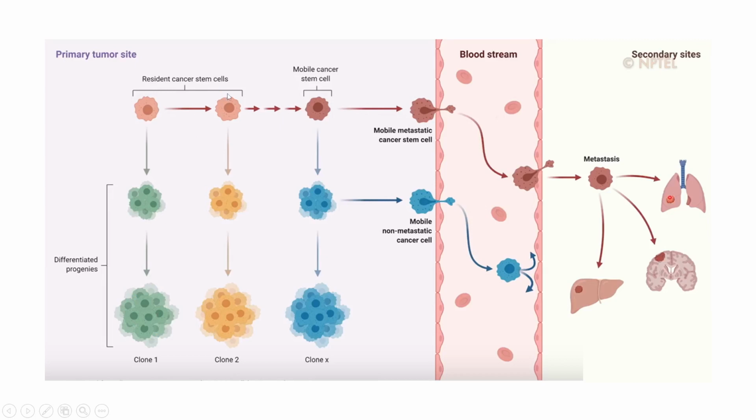Initially there is a stem cell which has an uncontrolled proliferative ability, and from that stem cell other populations of cells are formed. These other populations do not have the metastatic capability, but only the stem cell has the metastatic capability.